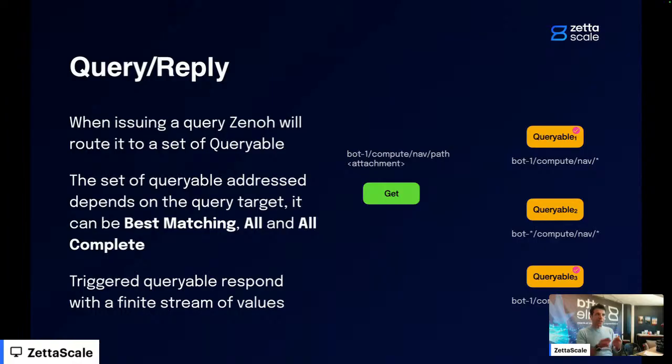So when issuing a query, Zenoh will route it to a set of queryables. But the set of queryables that will be addressed depends on two things, in fact. It depends on the query target, which can be best matching, all, or all complete. And then it also depends on whether the queryables are complete or not. Okay, what does it mean for a queryable not to be complete?